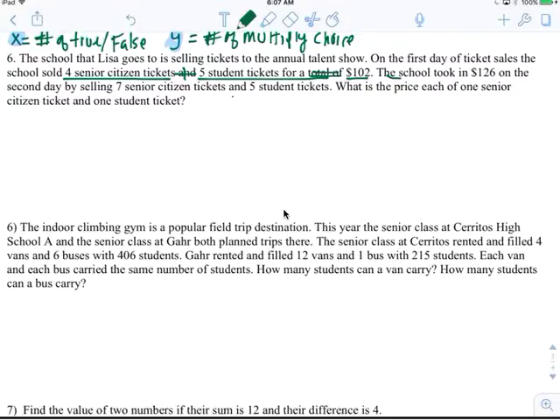The school takes in this much money on the second day, by selling this many senior tickets plus this many student tickets. What are the prices? So we're trying to find the price of each one senior ticket.